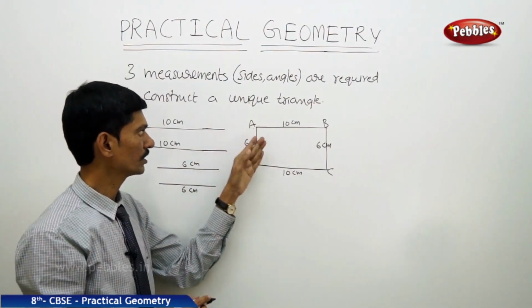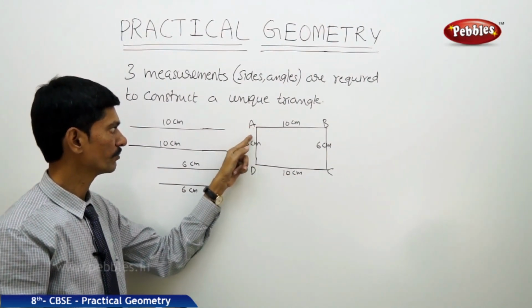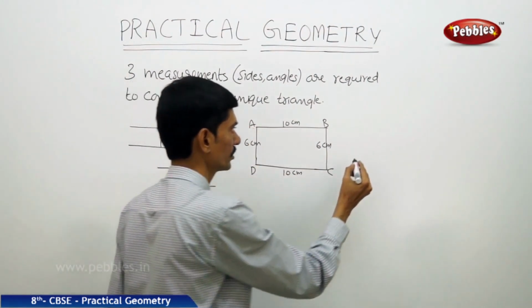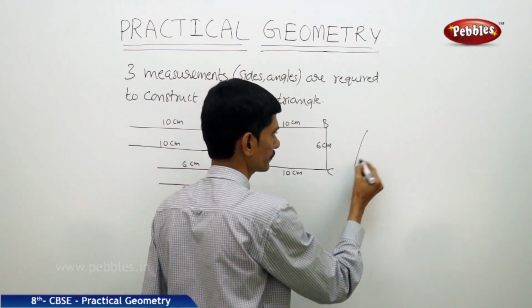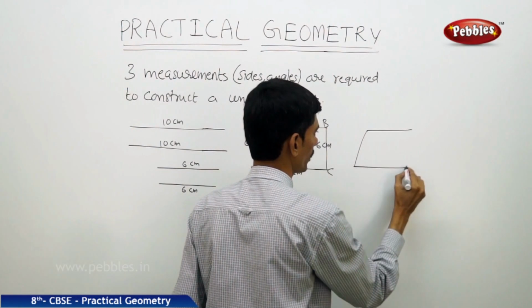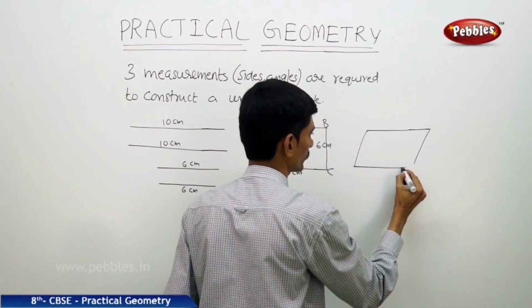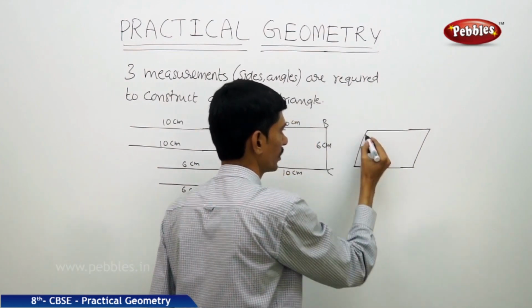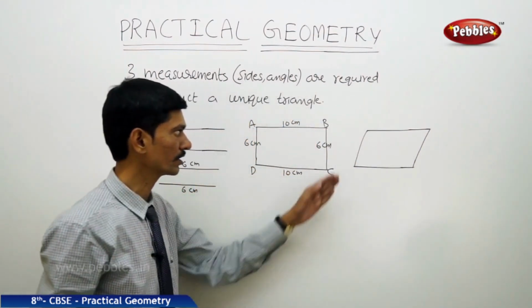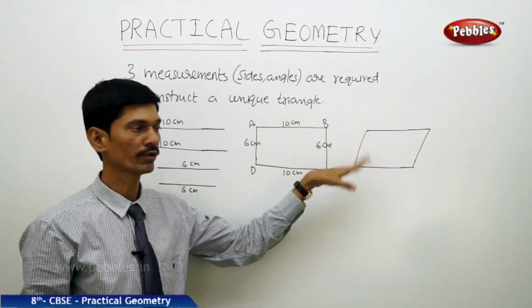Now do one thing, just push the rectangular shape along its breadth. Now you will get the shape of a parallelogram. If you push the rectangular shape along its breadth, the rectangular shape becomes a parallelogram shape.